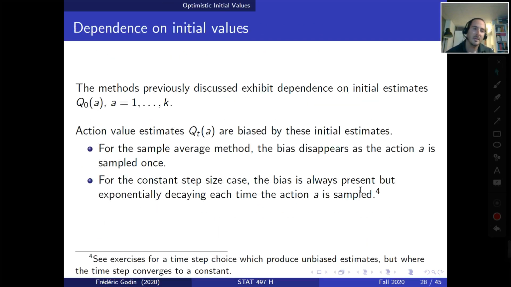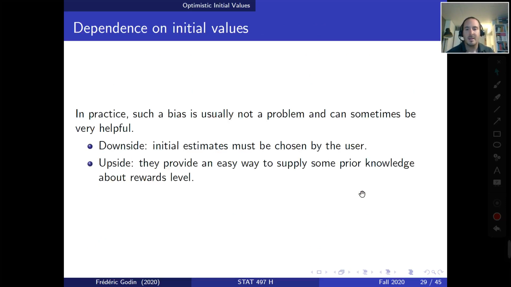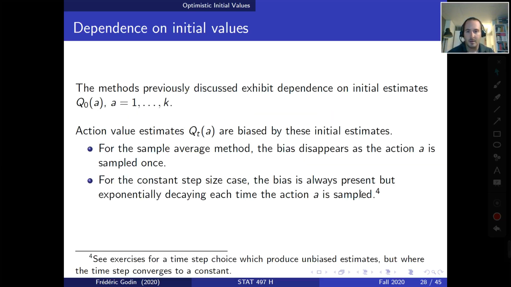These two schemes, equally weighted rewards and constant step size, both entail that the initial estimates have an impact on the current estimate for all actions.